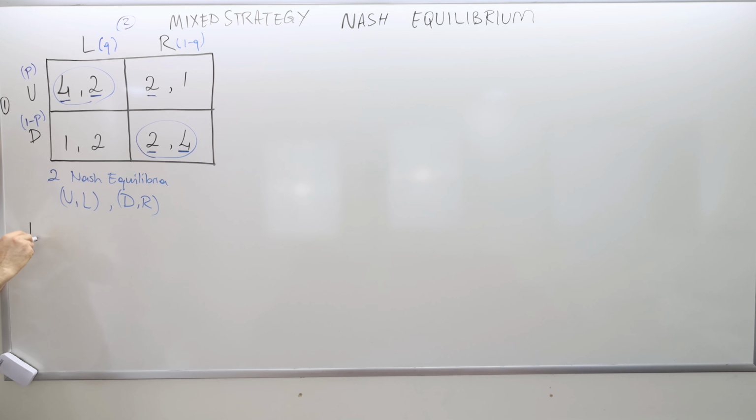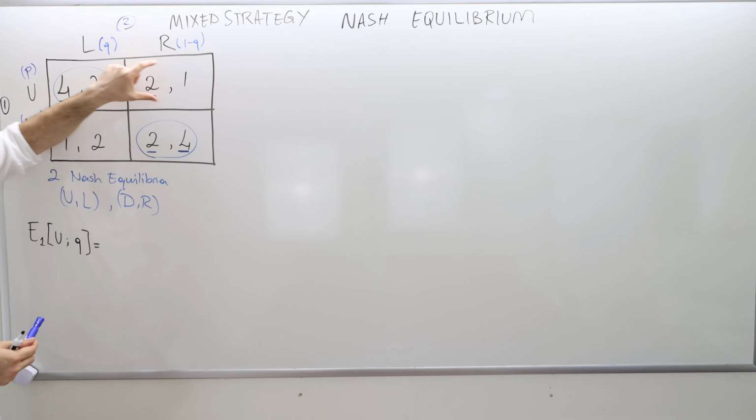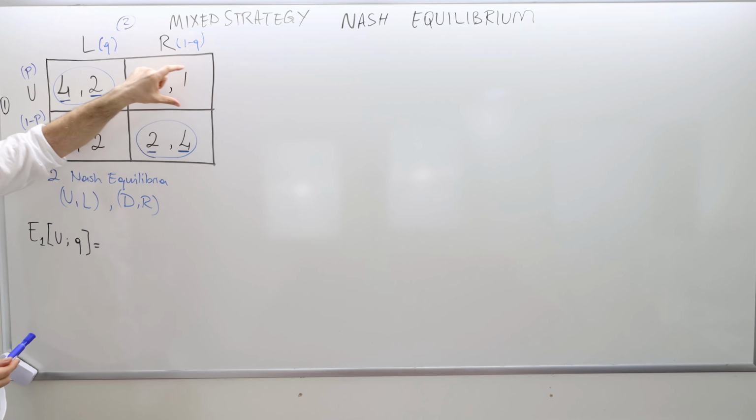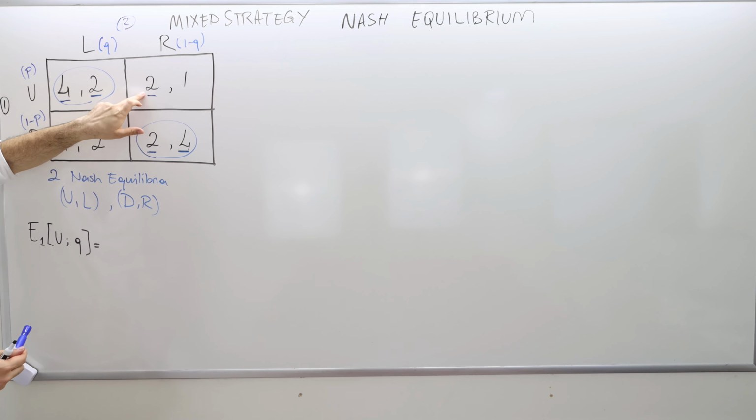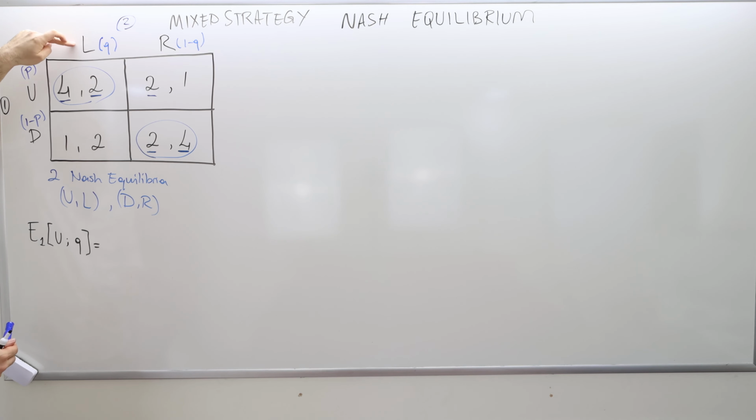All right, so the expected payoff of player one, if he chooses U, given that his opponent 2 is playing left with Q probability, what is this expected payoff? So if player 1 is playing U, it means he ensures that this is where the payoffs will be. It's either 4 or 2. He's going to get 4 only if player 2 plays left, which happens with Q probability.